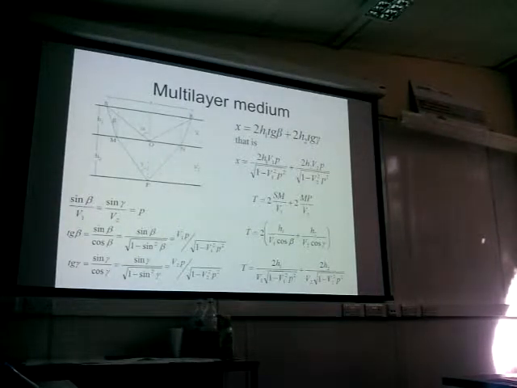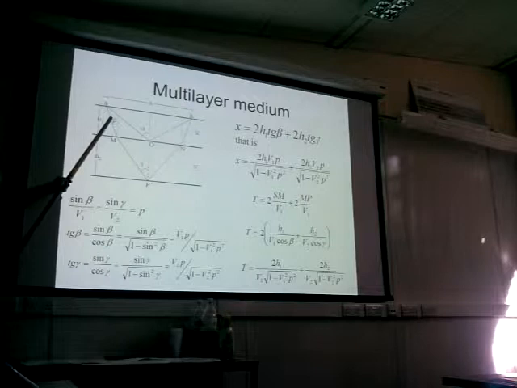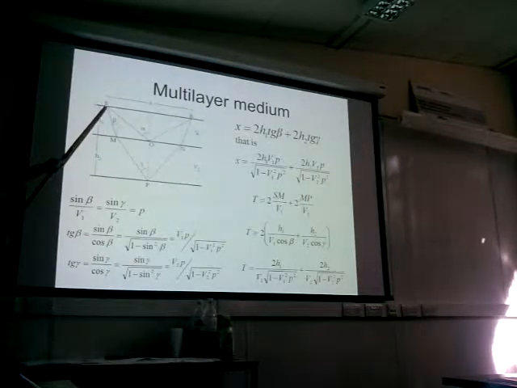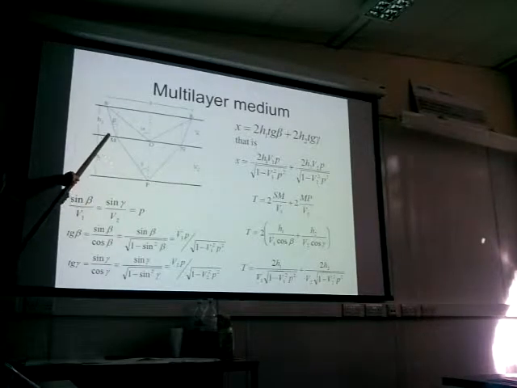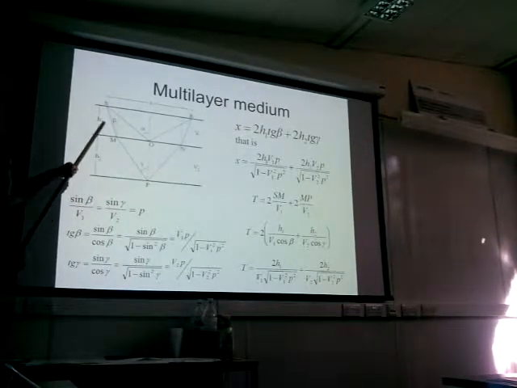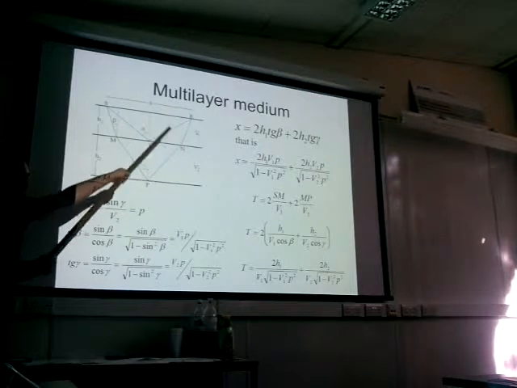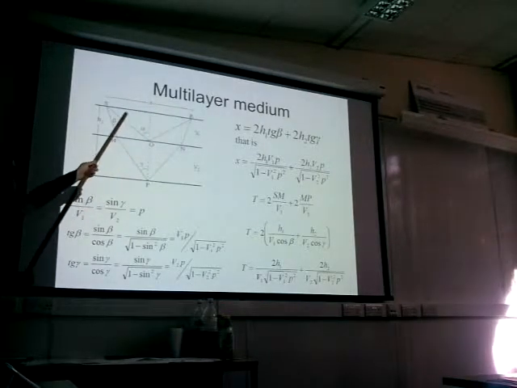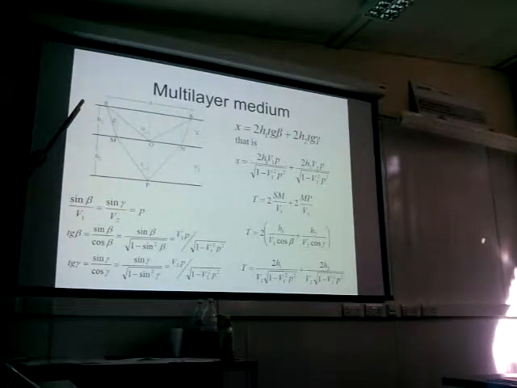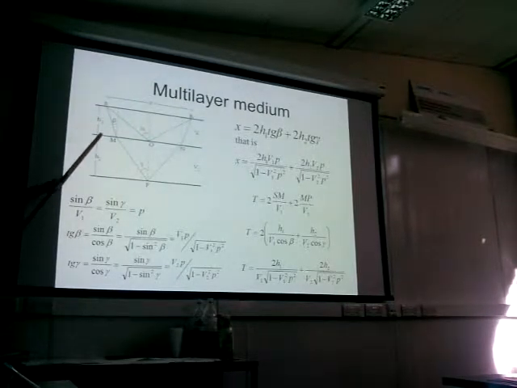Because what is the problem of that ray? As soon as you incline that ray, it is doing a travel path that is proportional to the thickness, but it's not the thickness. It's bigger than the thickness. The only ray that is doing the real thickness is the one that is orthogonal to the interfaces.